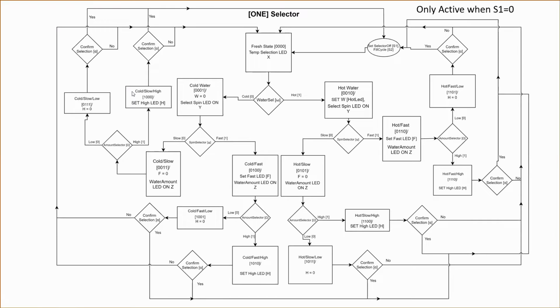But if not, they always have the option to choose whether or not they want to confirm those choices, and if not, they will be reset. So hopefully by the second time around, they'll know what they want. And if not, they could just keep waiting until they actually want to get the washing machine going.